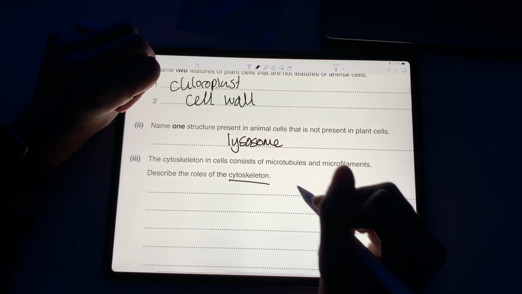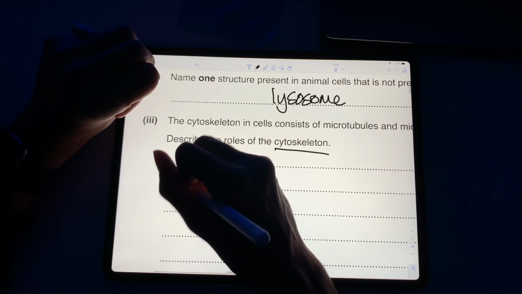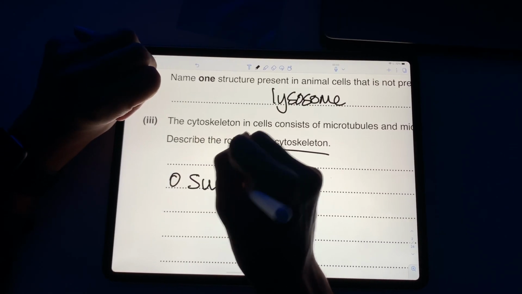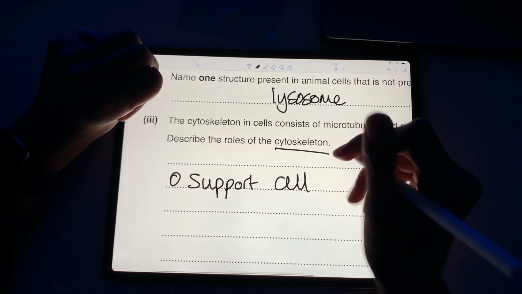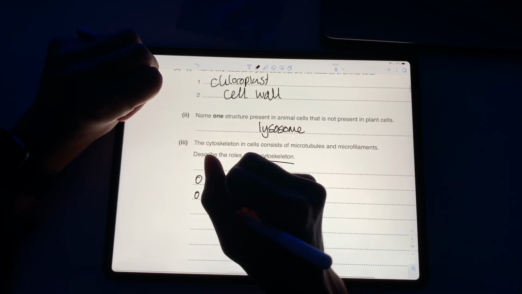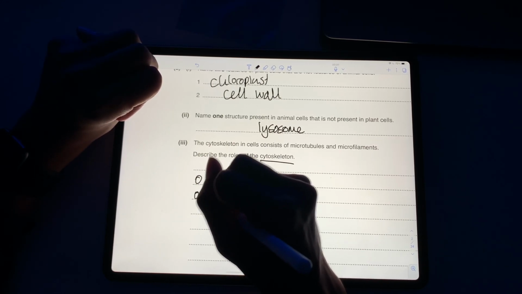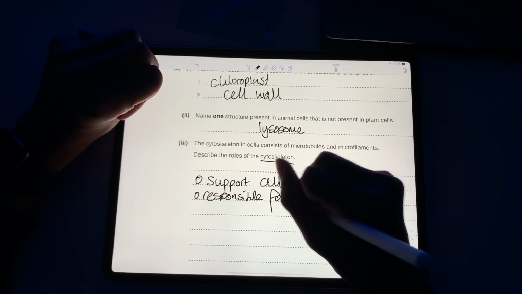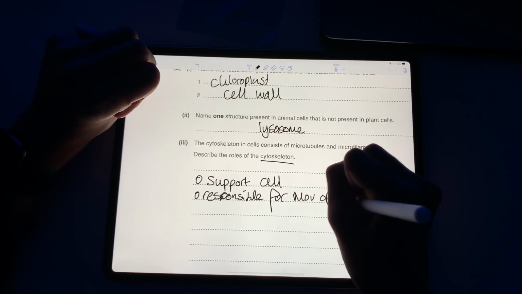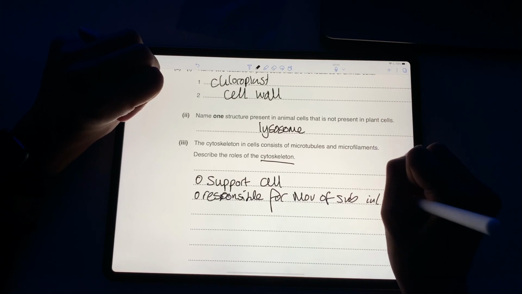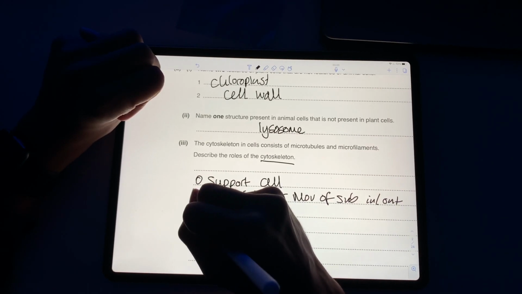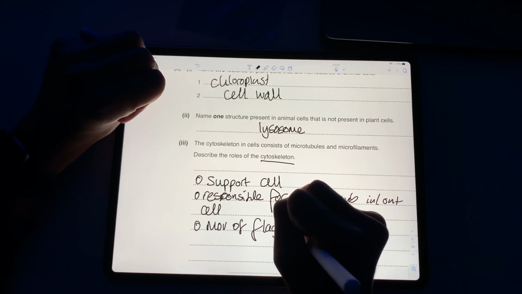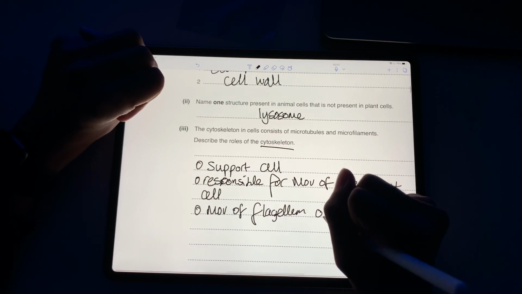Describe the roles of the cytoskeleton. I know this, I think. So, what does it do? Helps support the cell. Responsible for movements of substances in and out of the cell, movement of flagellum, I think, or cilia.